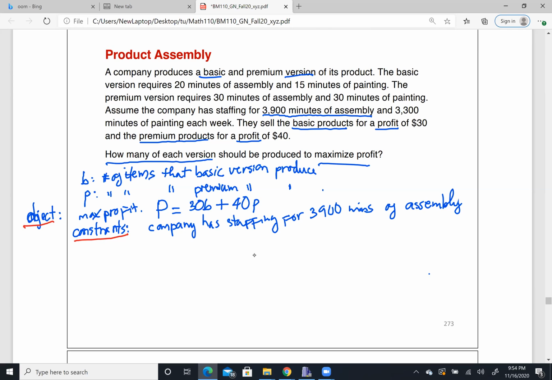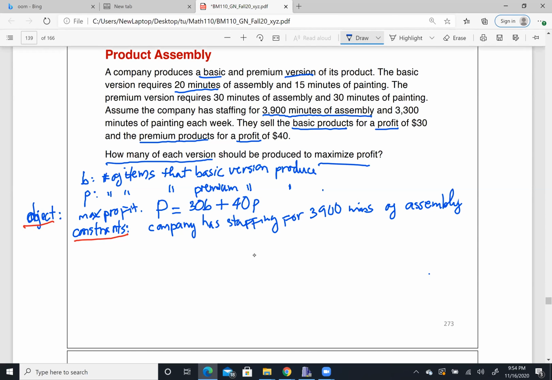So I'm going to write that firstly the basic version is 20 minutes, so 20 minutes multiplied by B, because it's from the basic, right?